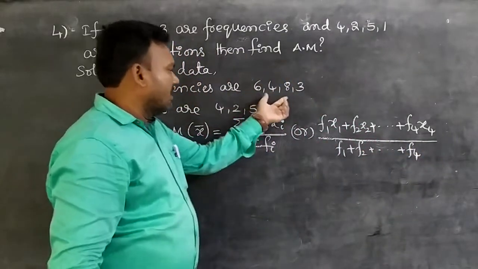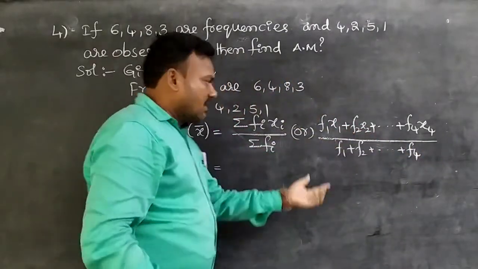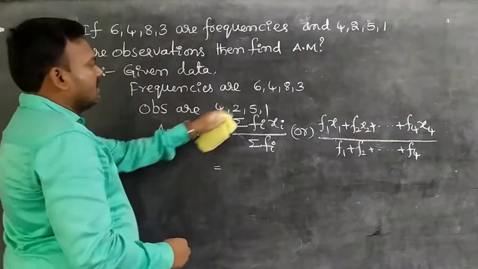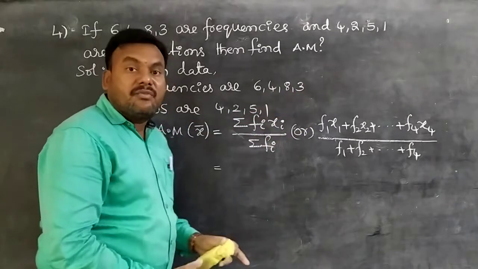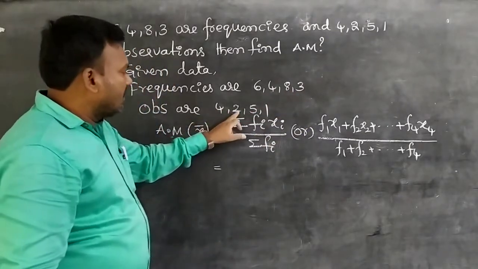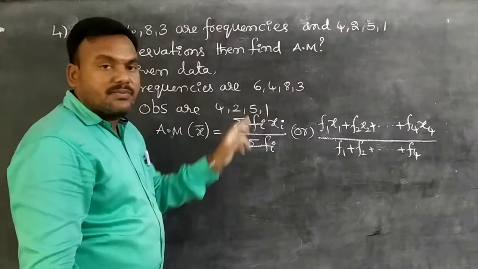Here 4 items are taken, that's why I take 4 only. These are f1, f2, f3 and f4, next x1, x2, x3 and x4.